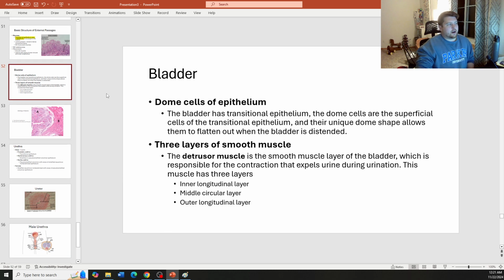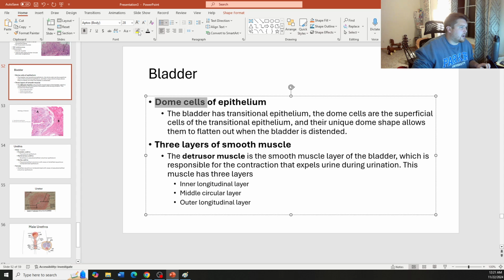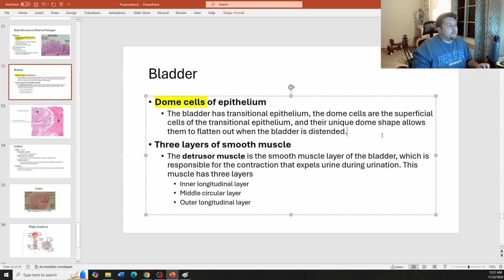Specifically in the bladder, we have what are called dome cells. This is a type of transitional epithelium. These are special. These are almost always asked about on exams. They ask about dome cells, because this is one of the only places in the body that you're going to see dome cells.